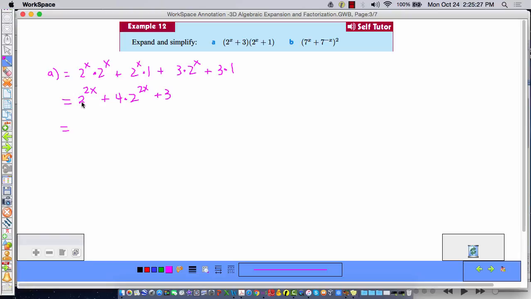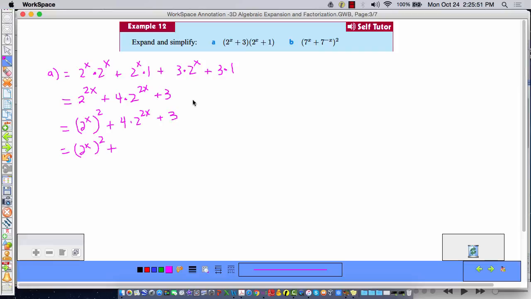For example, I could write this as 2 to the x squared, because 2 to the x squared, I would multiply the exponents. X times 2 is 2x, plus 4 times 2 to the 2x plus 3. I could also rewrite this 2 to the x. I'll keep 2 to the x squared. I could go back to this, doesn't matter.